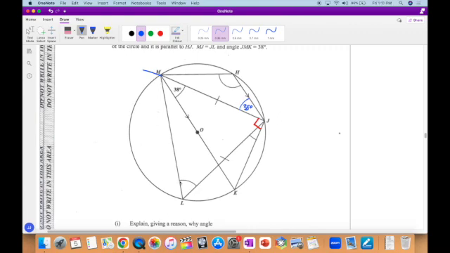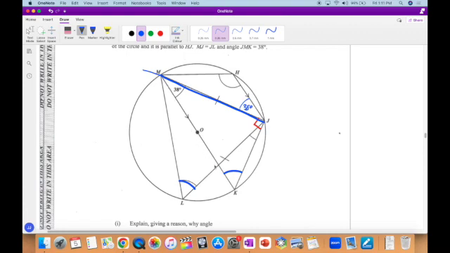So that is this angle here. This angle here is subtended by this chord over here. This chord subtends this angle, and this chord also subtends this angle.